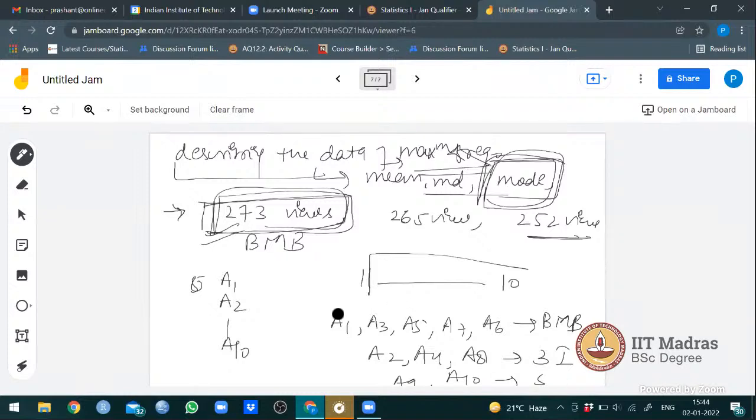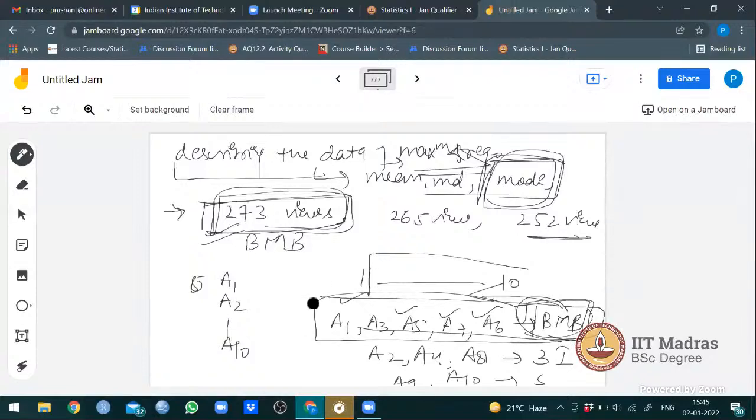So you are describing data, which means you are counting the maximum views for which movie. Here Bhag Milkha Bhag has got more views. You are counting the maximum number of views, so that's why it will be descriptive.